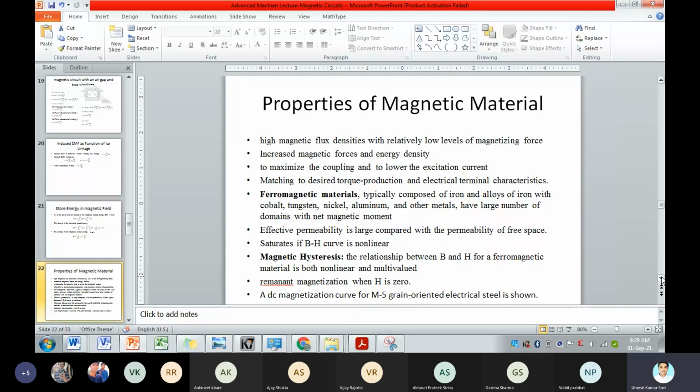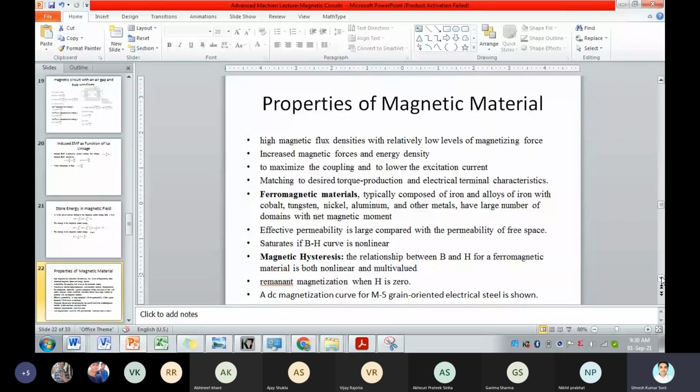The flux should remain even without excitation for some time, meaning that should be the hard magnetic material, and soft magnetic material is one where just after de-energization the flux will be zero.